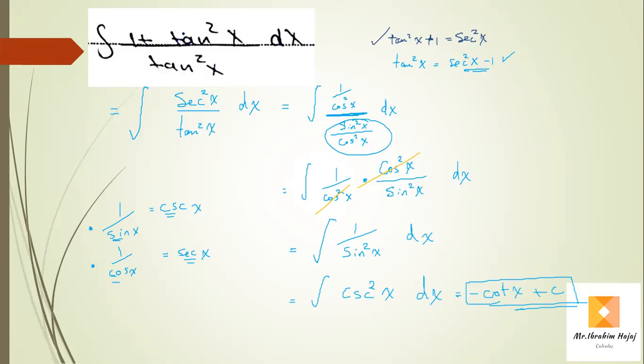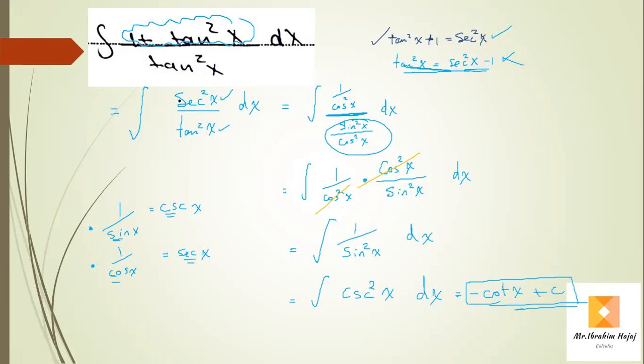Again, remember that 1 plus tan squared x gives sec squared x. So the numerator is sec squared x. The denominator is still the same, but we cannot use this idea here to replace tan squared by sec squared x minus 1, because in this case I will not be able to get rid of the fraction.